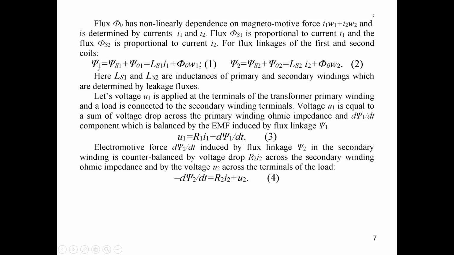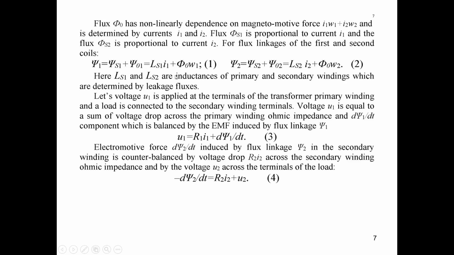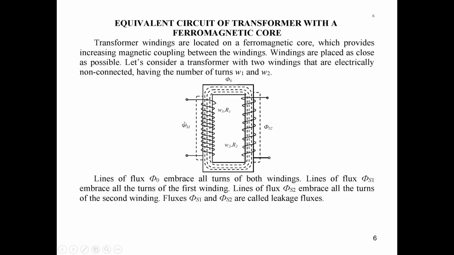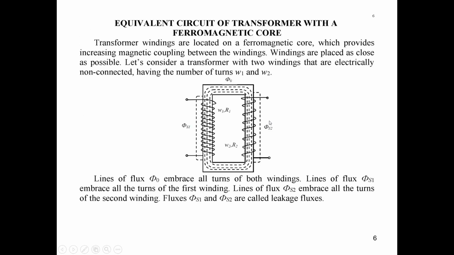And let's write down that Psi1, the flux linkage of the primary winding, equals Psi-S1, connected with the flux Φs1, plus Psi-O1, the flux which is going through this core and connected with the first winding.